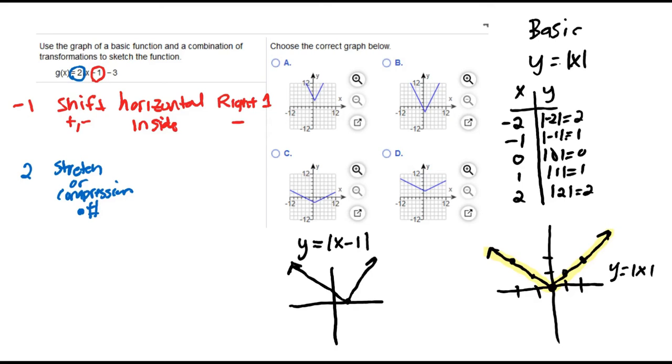That 2 is on the outside of the absolute value, so it's going to be a vertical stretch or compression. Because I'm multiplying by 2, which is greater than 1, I know this is called a stretch. So what's going to happen when we put that 2 into our graph is that it stretches vertically and becomes skinnier.